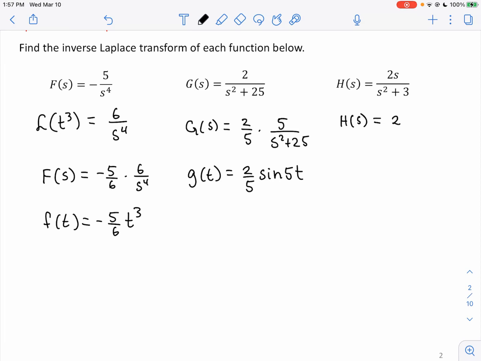I can factor that 2 off to the side, so it's 2 times s over s squared plus, and you can think of that as radical 3 squared, just so you can see that the b has to be a radical 3. And so therefore h of t is going to be the 2, and then the cosine of radical 3 times t. And you can argue that these parentheses here aren't needed.